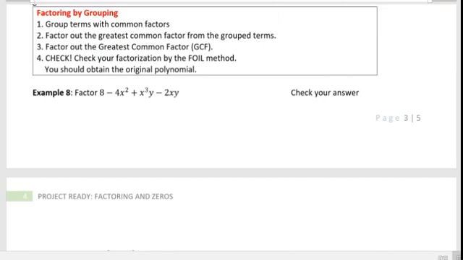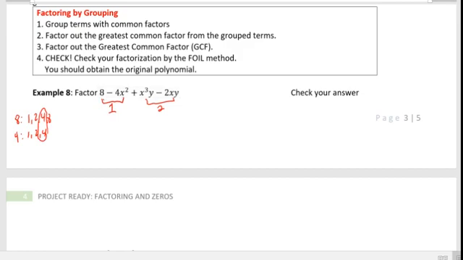So basically what you want to do is group the first 2 as group 1, and then group the second 2 as group 2. And so if we look at group 1, we have 8 and 4. The greatest common factor for 8 and 4 is 4.